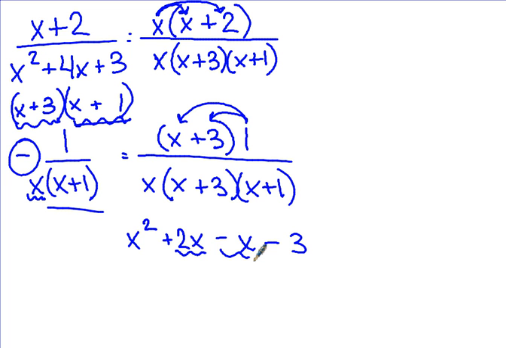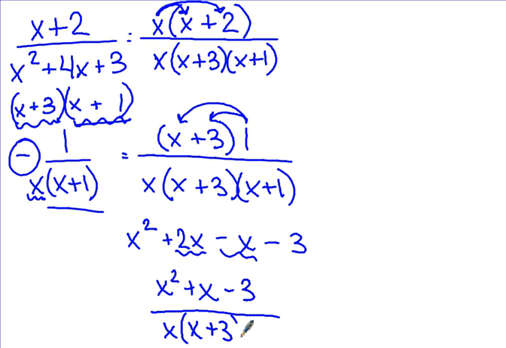We have 2x minus x, which gives me 1x. Nothing combines with the x squared. Nothing combines with the minus 3. So we're left with x squared plus x minus 3 over x times x plus 3 times x plus 1.